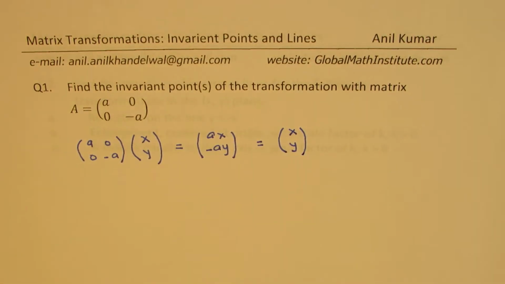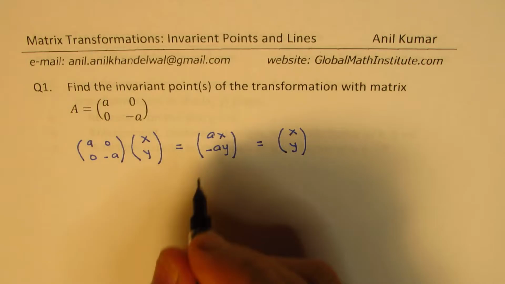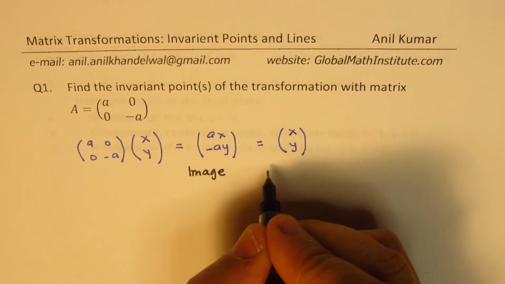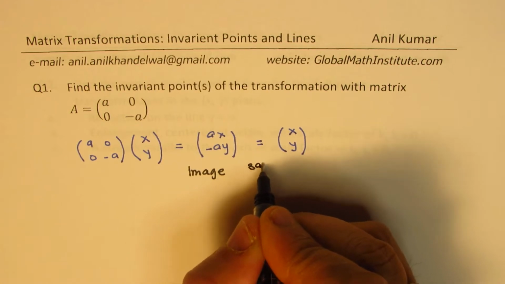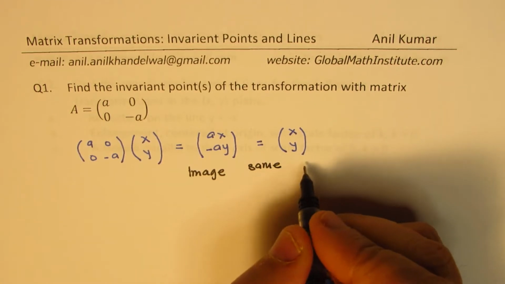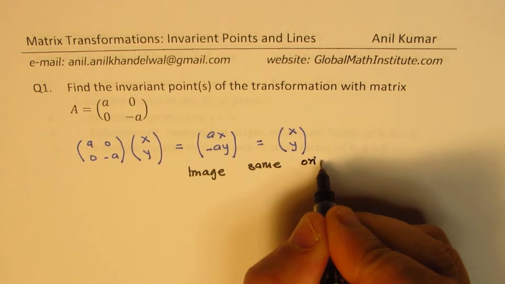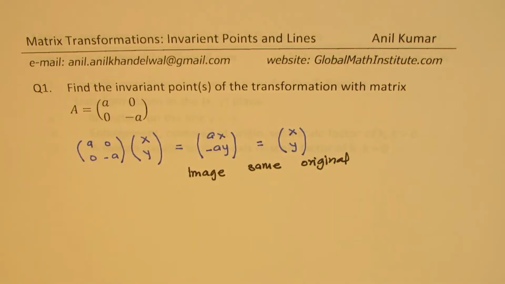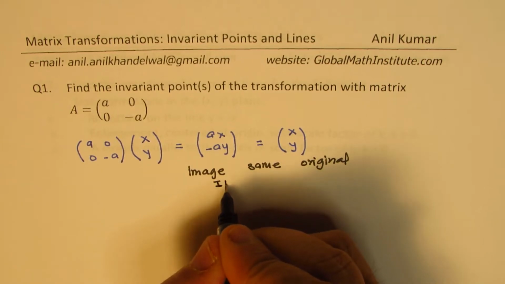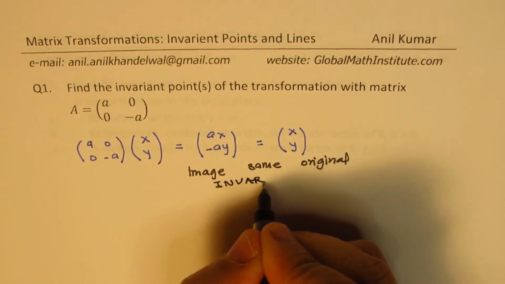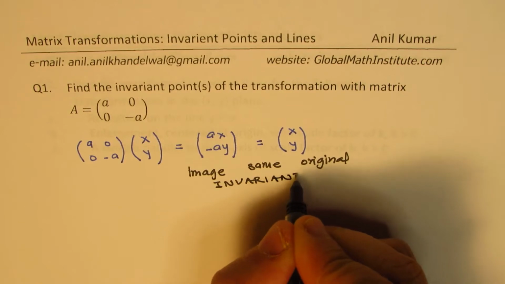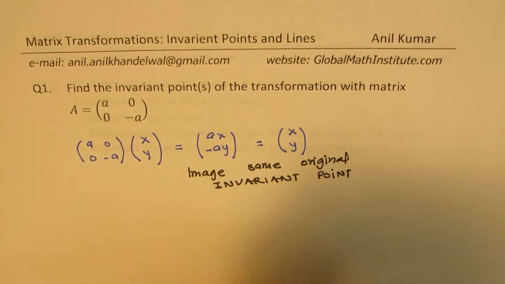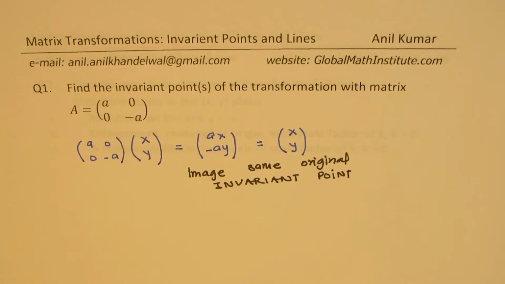So what we are trying to say here is that the image is the same as the original. Once that happens, then we have an invariant point. Clear? So that's the whole concept.